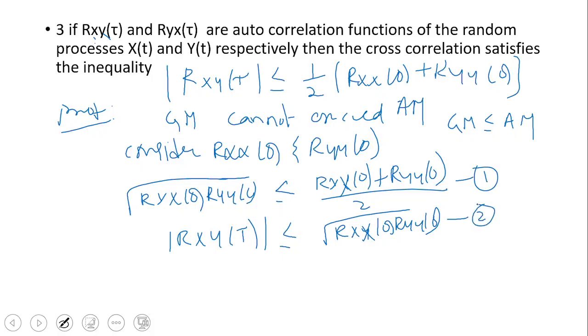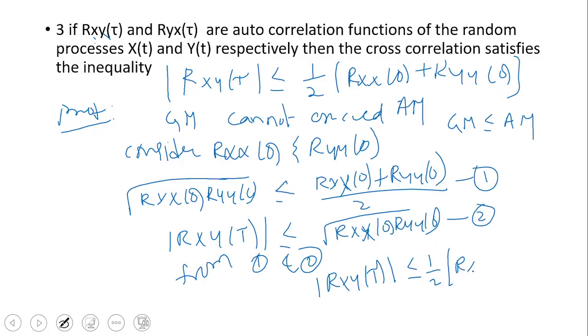So what can we say from 1 and 2? From 1 and 2, I can say that modulus of Rxy of tau is less than or equal to half of Rxx of 0 plus Ryy of 0. Okay, that is our property.